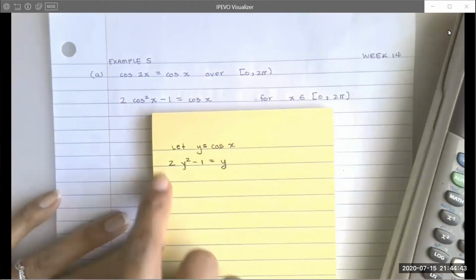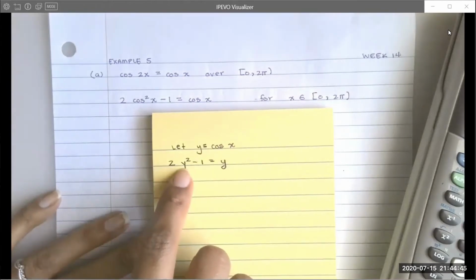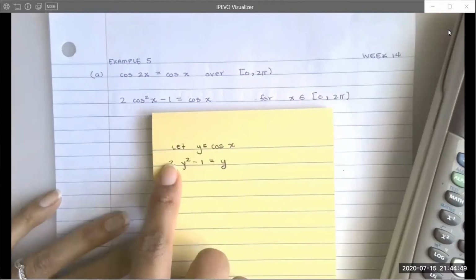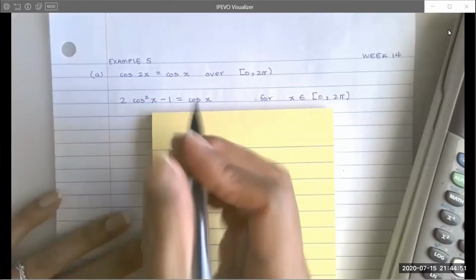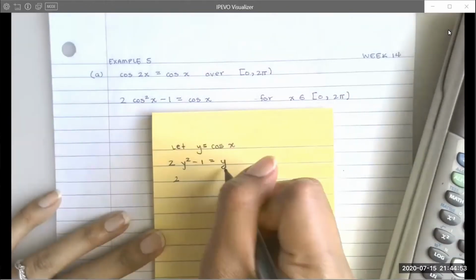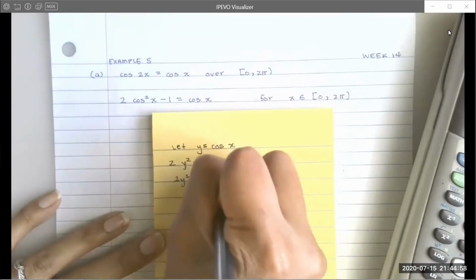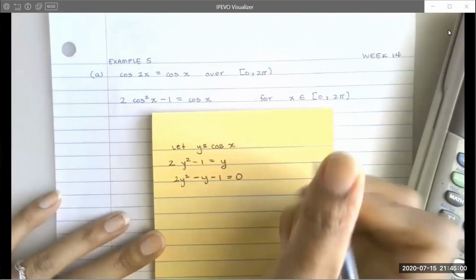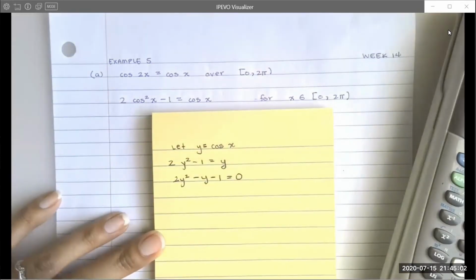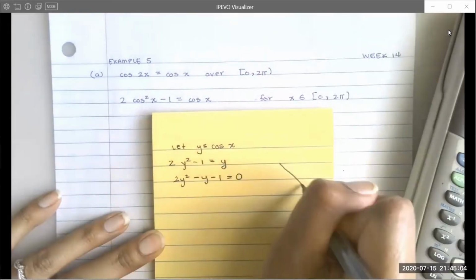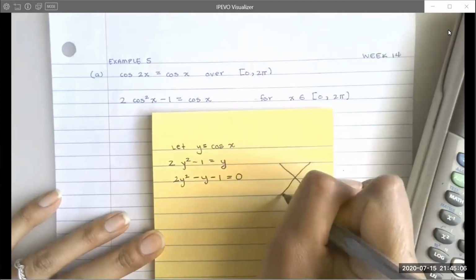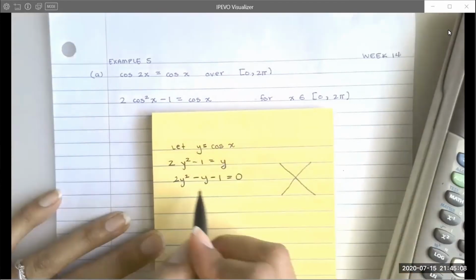And how would I solve this? Well, it has a quadratic term. So whenever I have a quadratic term, I want to have all of the terms on one side of the equation. So I'll subtract the y to get 2y squared minus y minus 1 is equal to 0. And then from there, we would try to factor the quadratic expression.